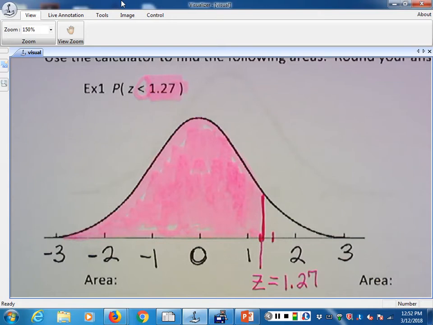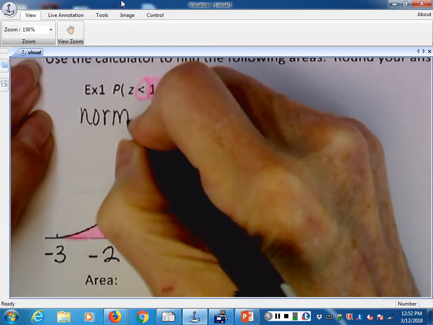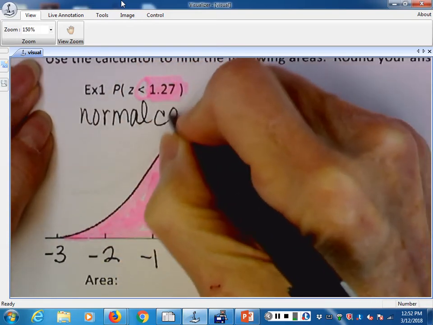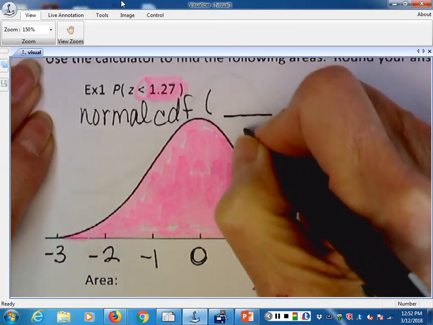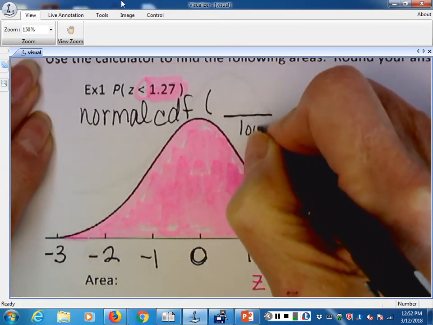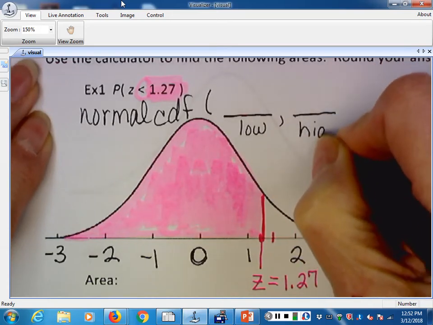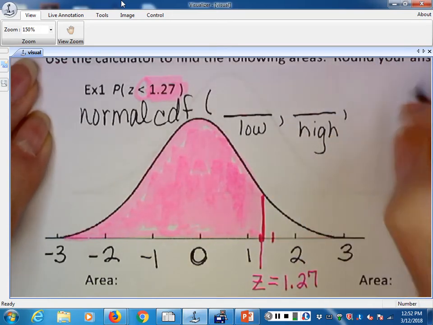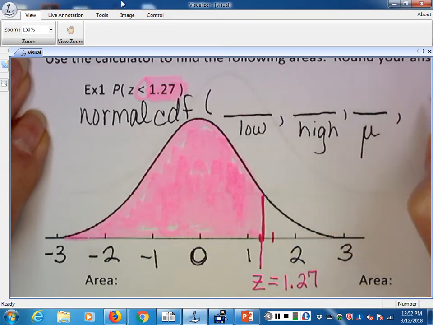Okay, the way the normal CDF command works is you want the lower value, then you want the higher value, then you want the mean, and then you want the standard deviation.